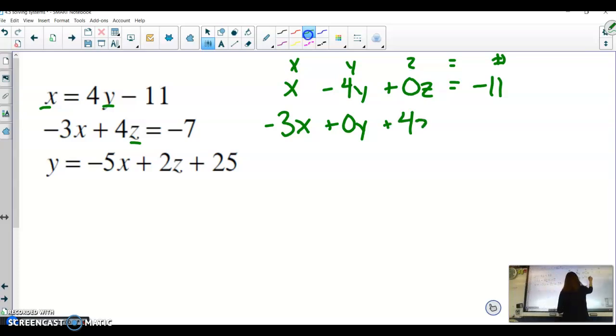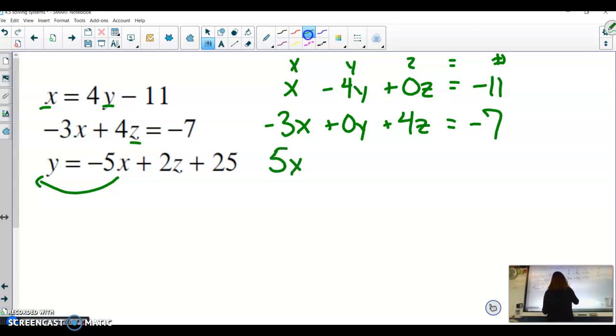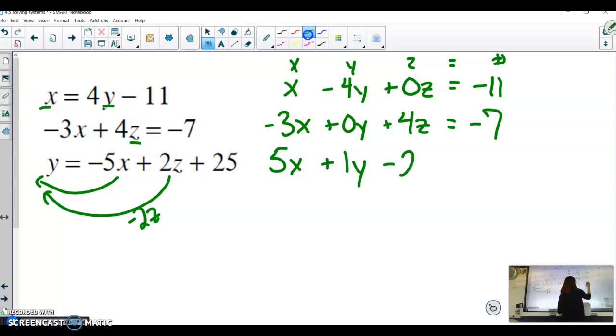And then I have 4 z's, and that equals negative 7. And then here, I need to bring the negative 5x over, so that'd be positive 5x plus 1y, just so I see that coefficient. I also need to subtract the 2z to get it to the other side. And that's going to equal my constant of 25.